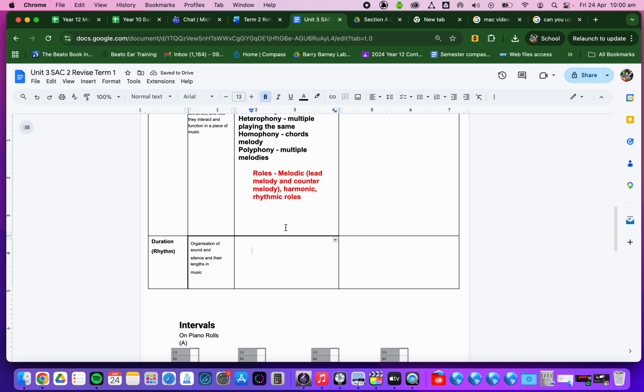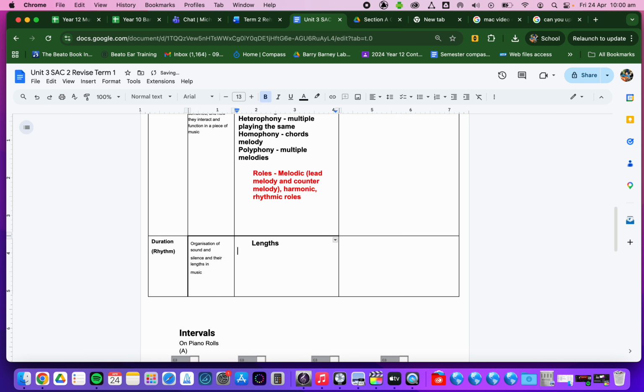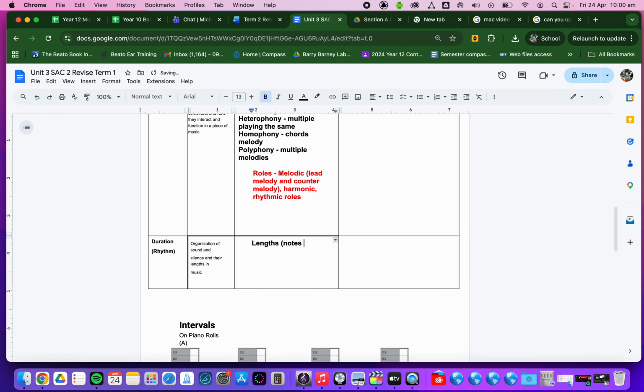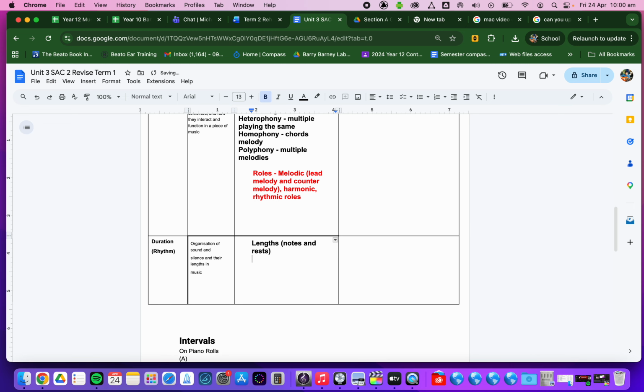And duration is simply the length of notes and the length of silence. Types of notes, so lengths of notes and rests. That comes back to knowing your types.